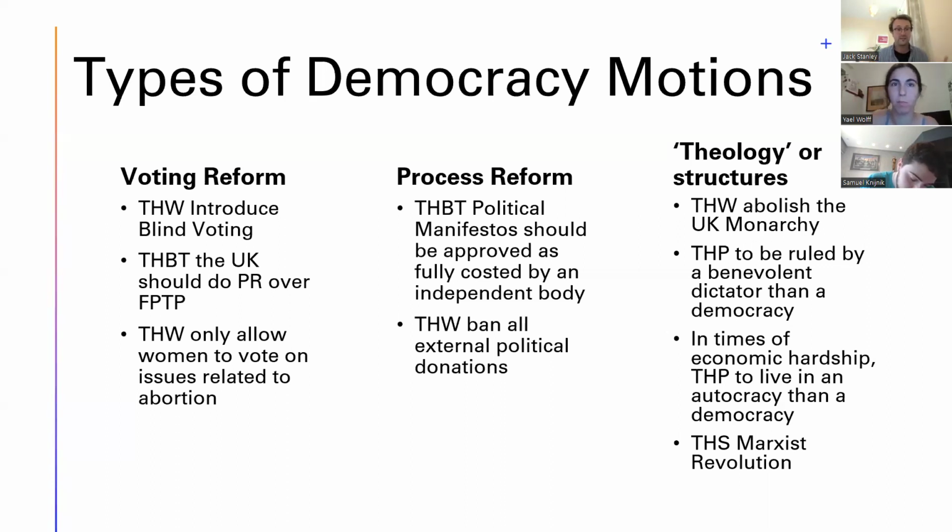And that can mean lots of different things. I think democracy debates often lend themselves to having quite good stock around what makes good government and what makes for weaker governments or weaker arguments within debates about democracy.